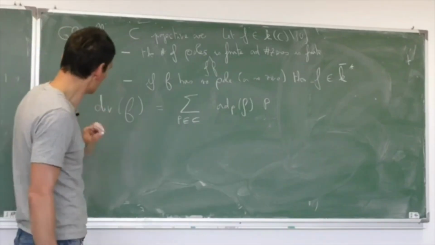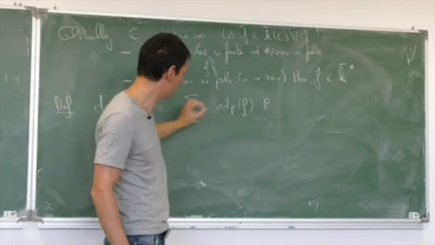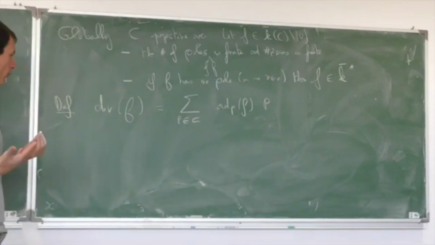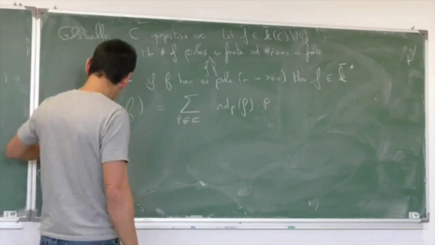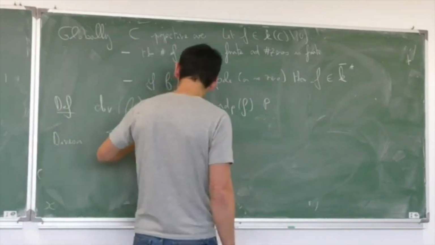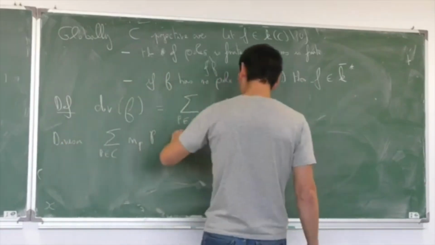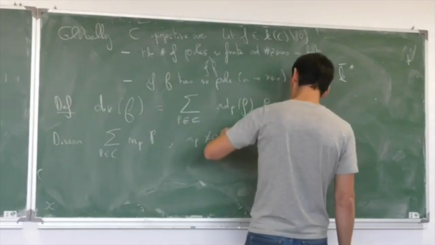Now that I have defined the divisor of F as a formal sum, I can also define a divisor more generally. A divisor is just any formal sum of points on the curve, sum of n_P times P, where the n_P are different from 0 for finitely many points.